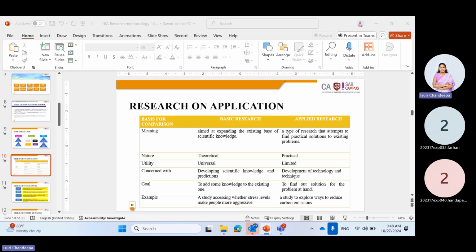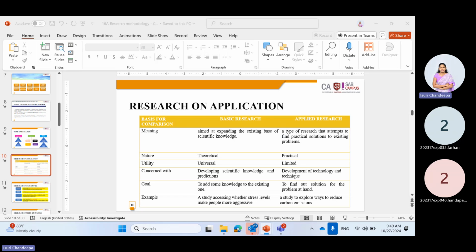So basic research in the sense, we are just focusing on developing the knowledge, finding the answers to the problem and going to develop the concepts, develop the models, develop the existing knowledge, or else we are refining the existing knowledge, doing some modifications to the existing knowledge, right?